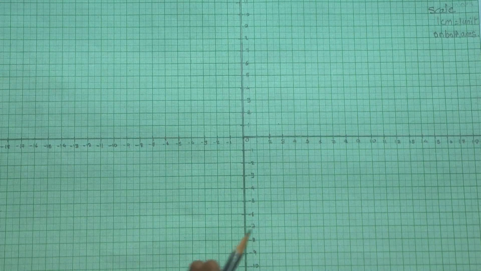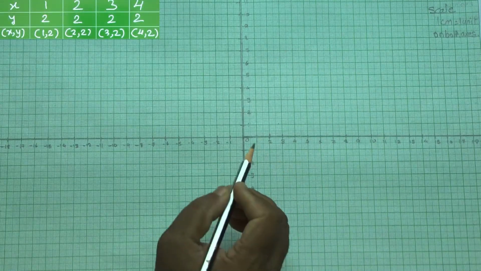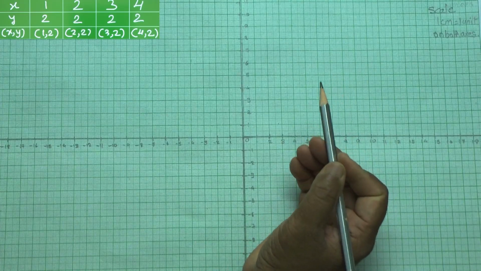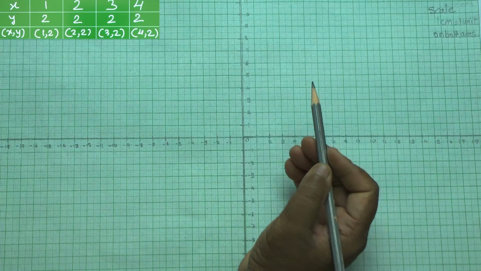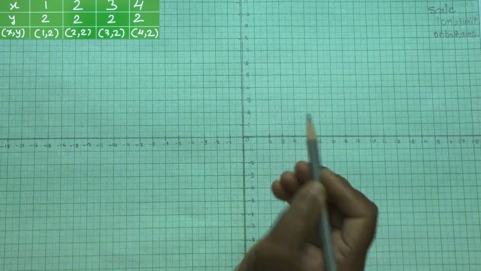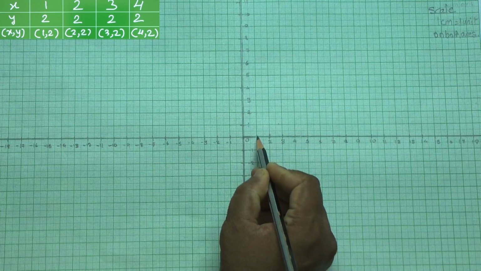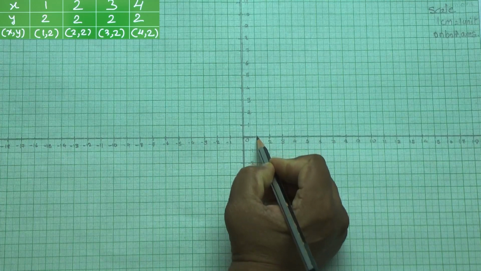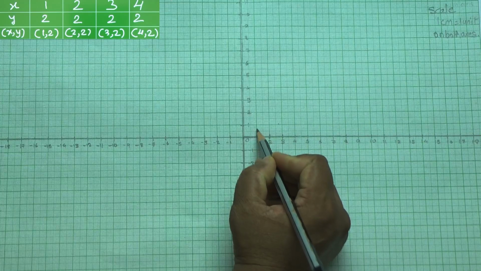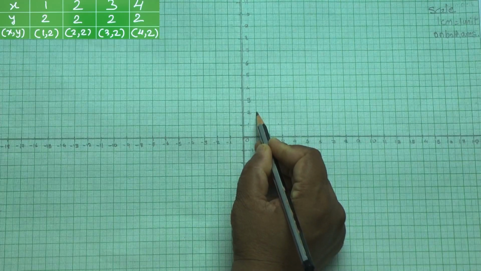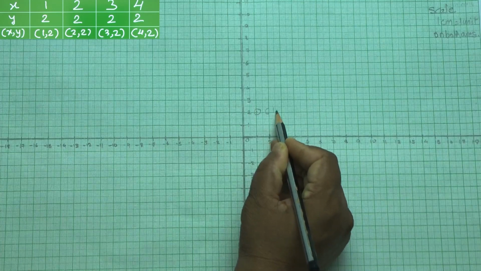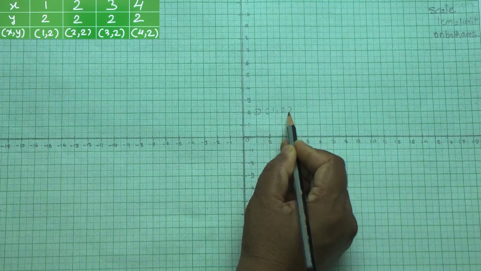Let's plot the graph of y is equal to 2, children, and the coordinates are given here. For y is equal to 2, the first coordinate is 1, 2: 1 on the x axis and 2 on the y axis. So I will be moving 2 steps up, that is here, and I will label it 1, 2.